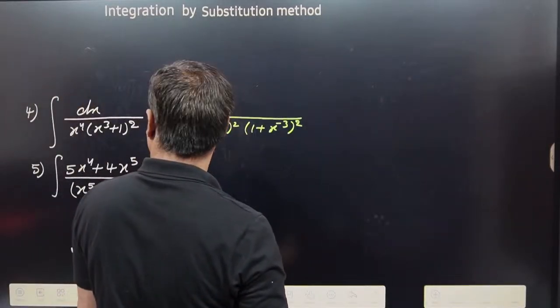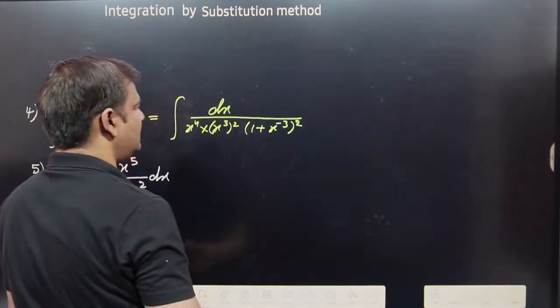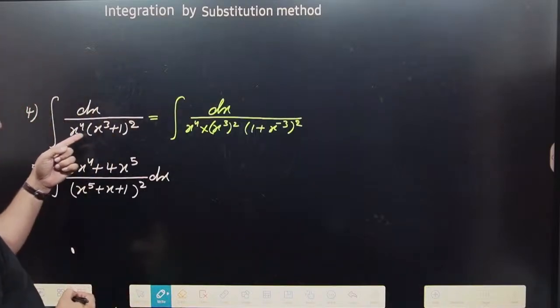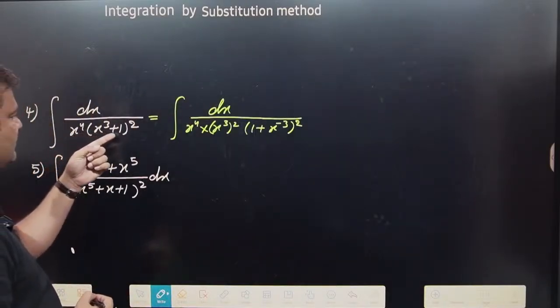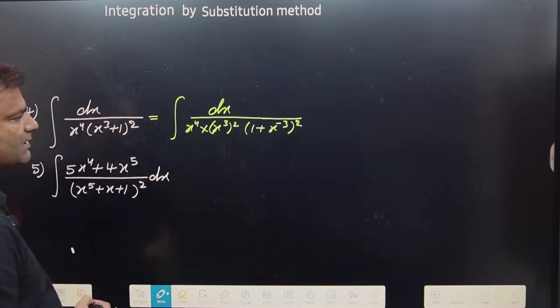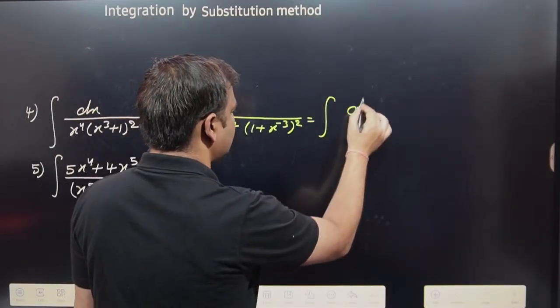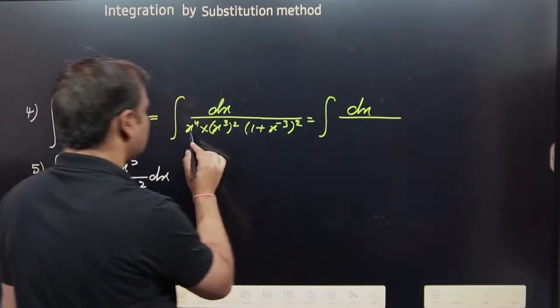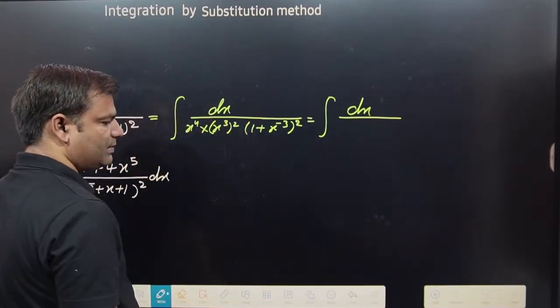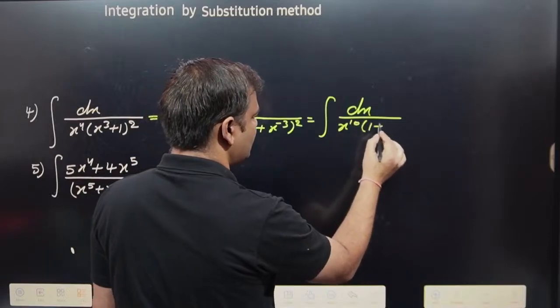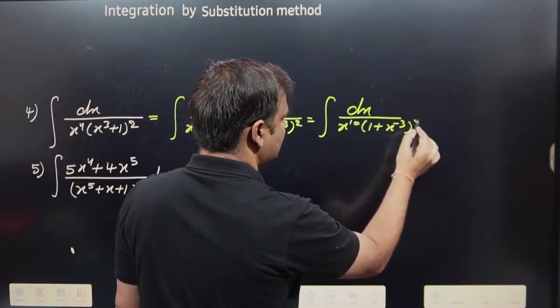So that one is written as dx divided by x to power (4 plus 6), that is x to power 10, into (1 plus x to power minus 3) to the whole square dx.